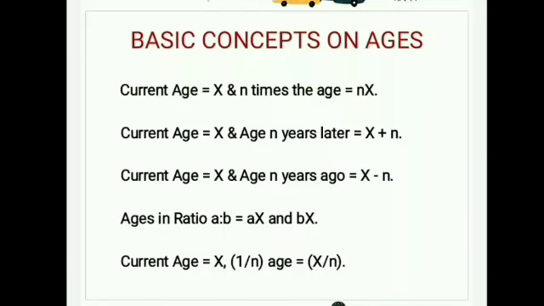If the current age is x, then the age n years later is x plus n, and the age n years ago is x minus n.